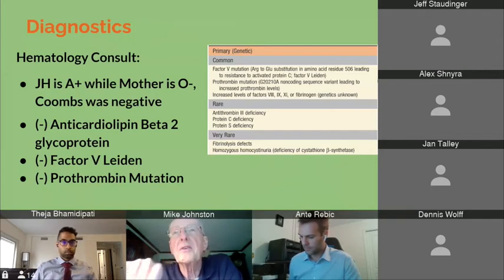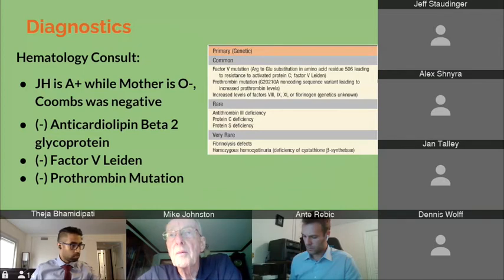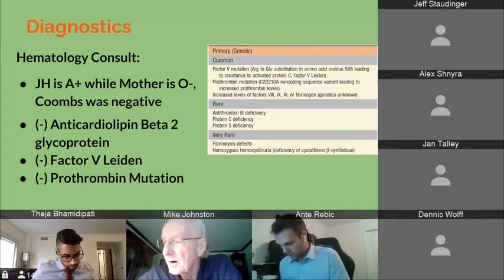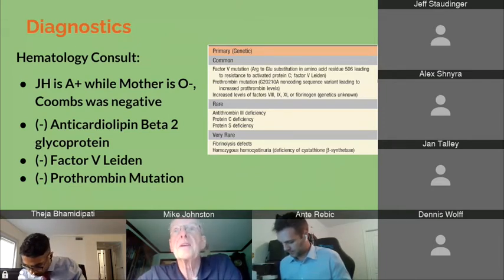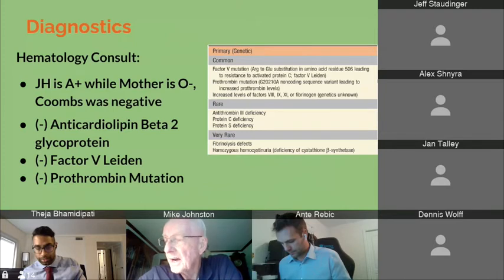Then the other thing is, I trust that all of these echoes that were done were transthoracic echoes and not transesophageal. I can check that for you, but I think you're right. Yes, they were transthoracic. I don't even know if they make a transesophageal echo for an infant. I don't know that answer. Okay, so they're transthoracic echoes.